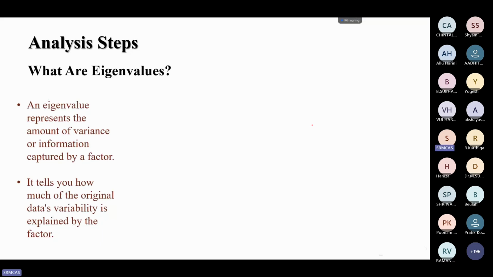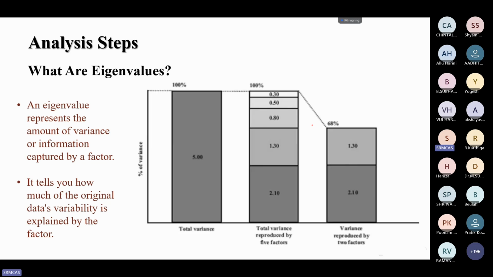So what are eigenvalues? The eigenvalues represent the amount of variance or information captured by a factor, from the total sum of variance of all the variables. It tells us how much of the original data's variability is explained by the factors. Let me explain this with these diagrams. This is the sum of the variance of all the variables.